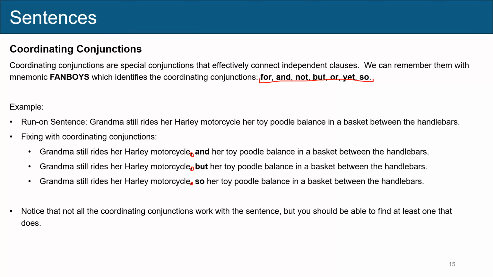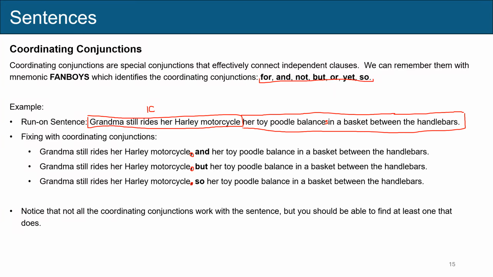So the run-on sentence here: Grandma still rides her Harley motorcycle. So that's something that could be a sentence by itself, so an independent clause. Her toy poodle balance, I think that should be balances, in a basket between the handlebars. So this could also be an independent clause, a sentence by itself.